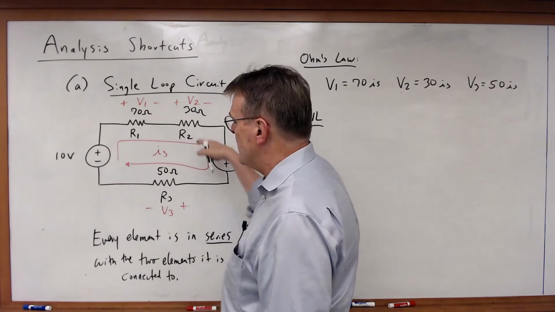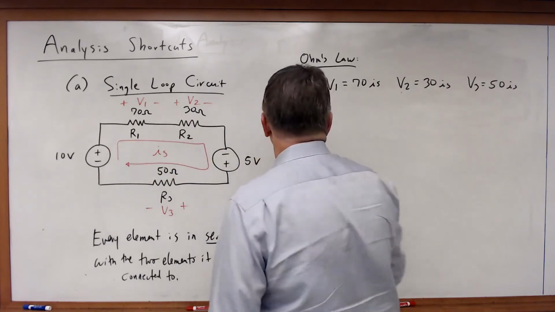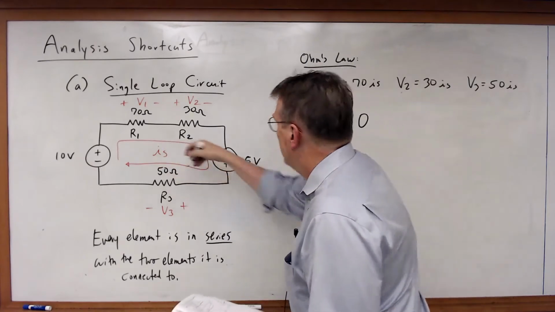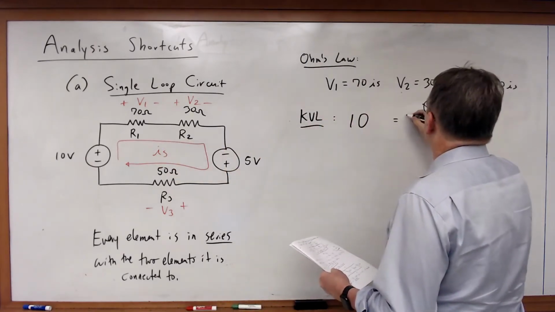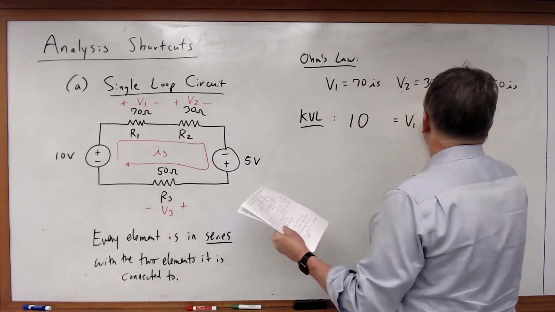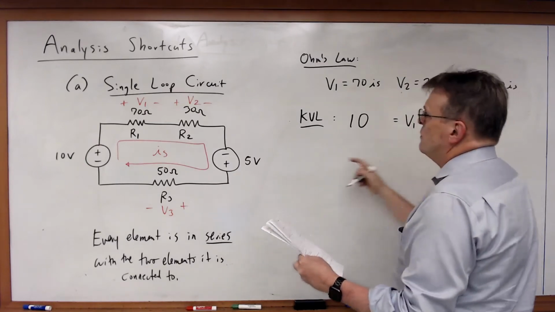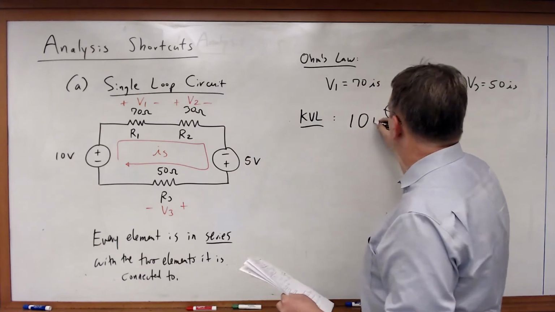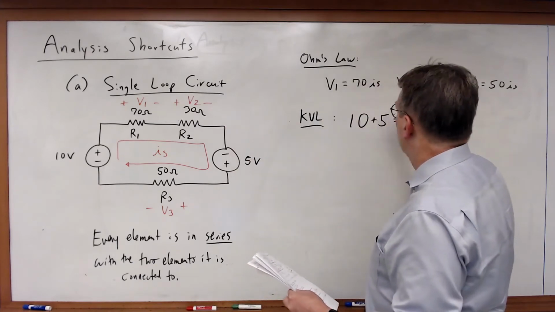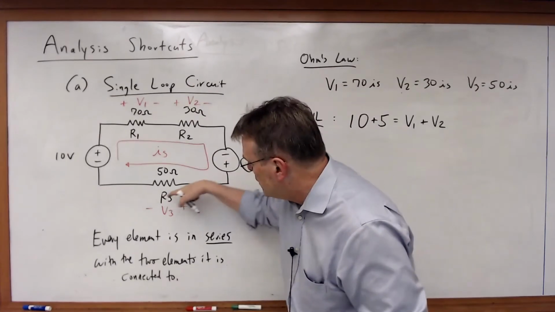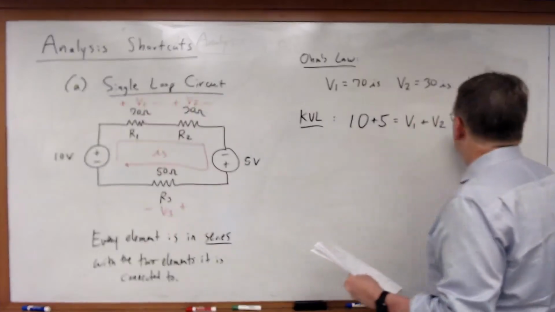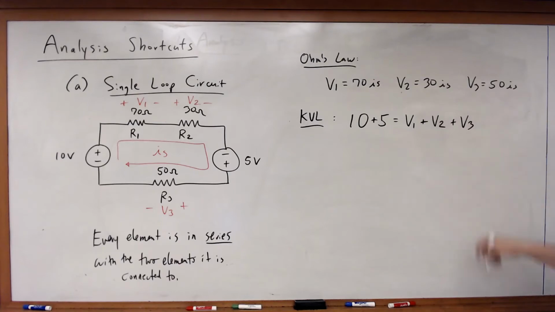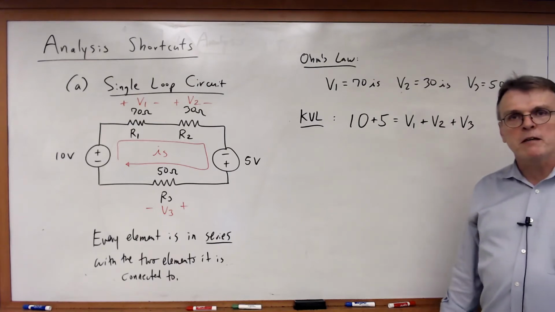I'll follow I sub s, follow the direction clockwise. So in this case, 10 is equal to V1 plus V2, those are drops. Then negative to positive, that's a rise, plus 5. And then continue around the loop, I've got another drop, that's plus V3. So 10 plus 5 is equal to V1 plus V2 plus V3.